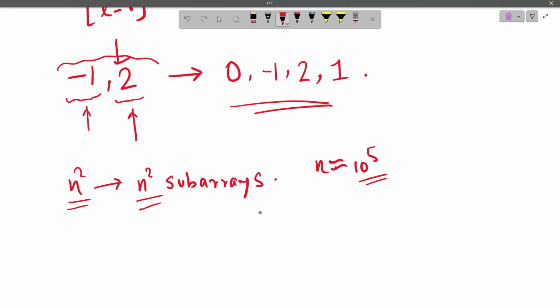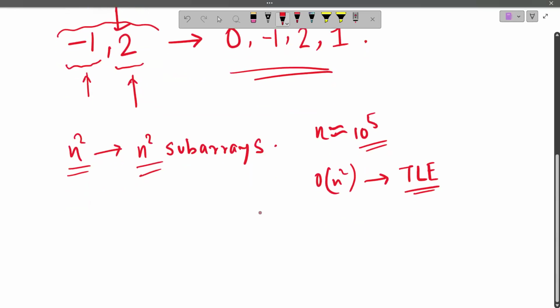So you can't run a big O of n square code. Since n is 10 to the power 5, the expected time complexity of the solution is order n. So we have to meet a linear or a log linear solution, like an order n or an order n log n solution for this.